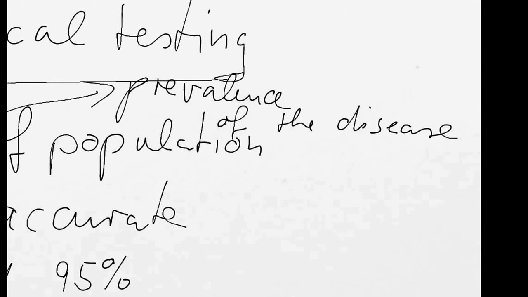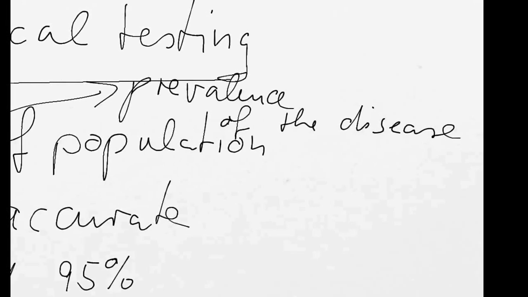Prevalence of disease means how many people, in percent or per, say, 100,000, are actually affected. That is what prevalence means. And you will see that term quite frequently. What is the prevalence of a disease? So you can, for example, ask, what is the prevalence of, say, HIV in sub-Saharan Africa? I don't know the number, but that is the term prevalence.